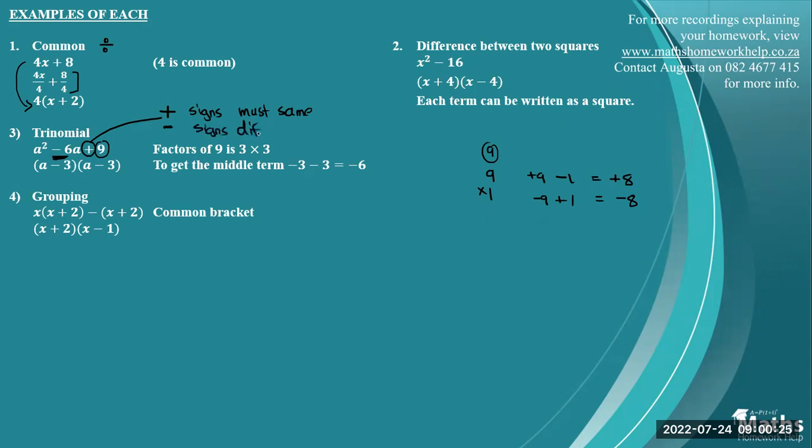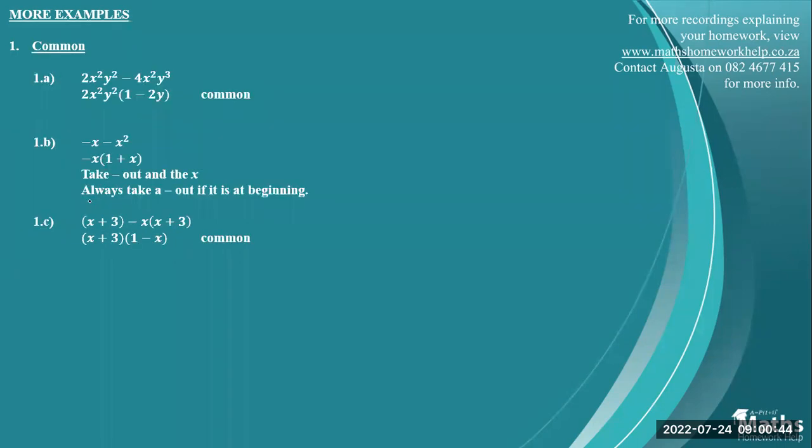So the one will have a plus and the other one will have a minus. I don't give you the rule here to say which one will be the plus and the minus. I want you to work it out. So we'll look at the examples as we continue. There's a common bracket. You divide with x plus 2, so x minus 1 will remain.